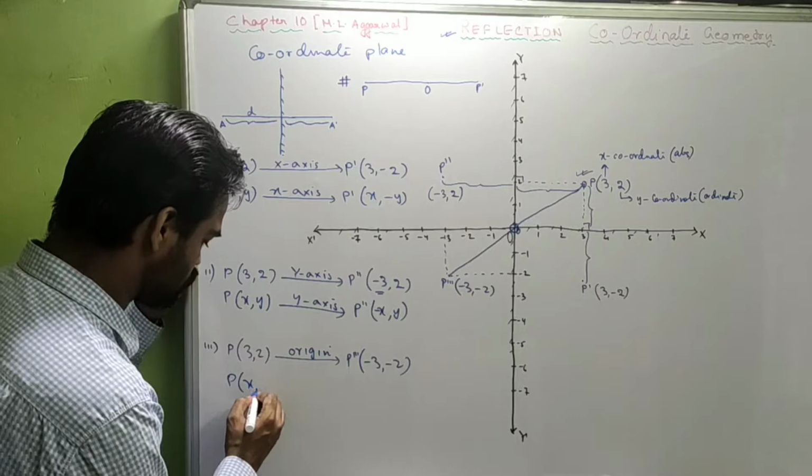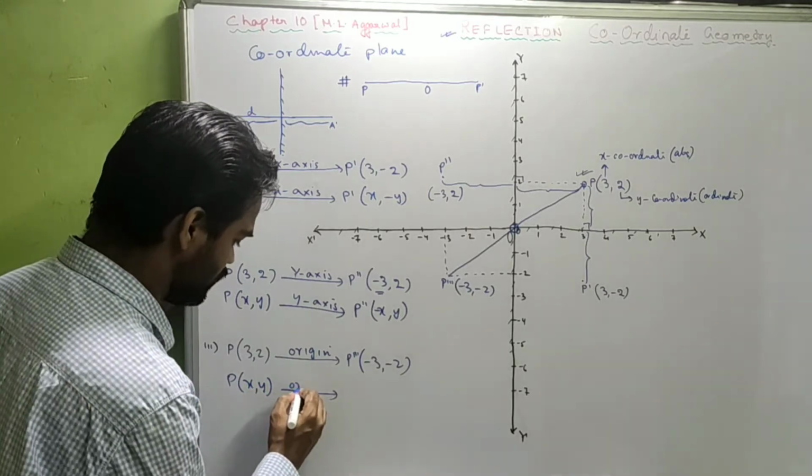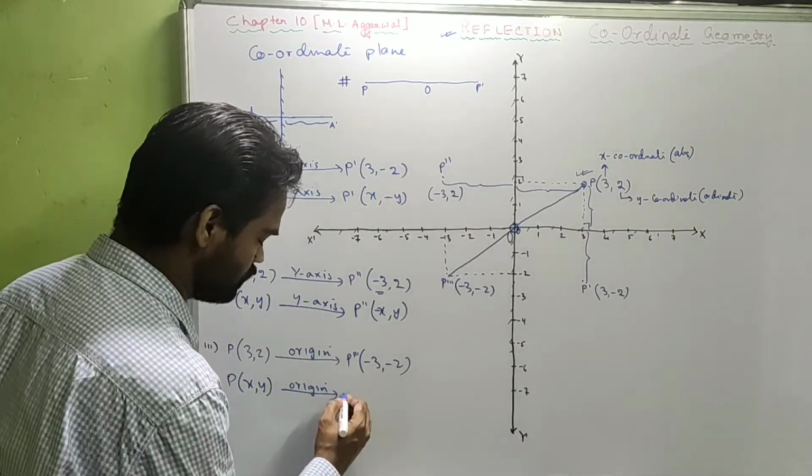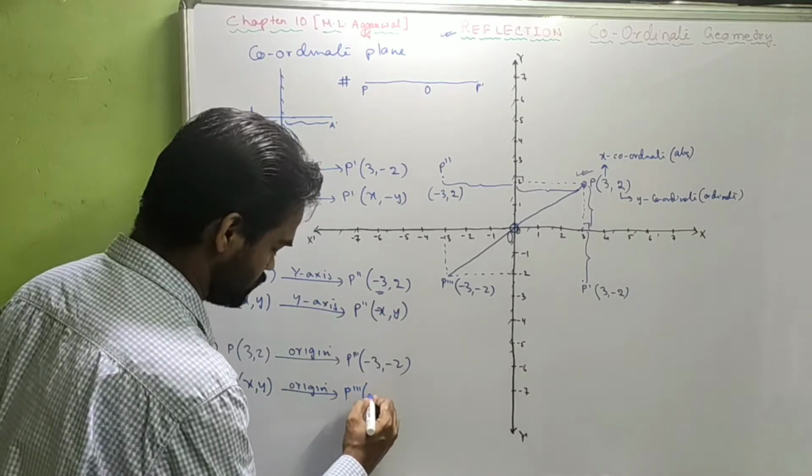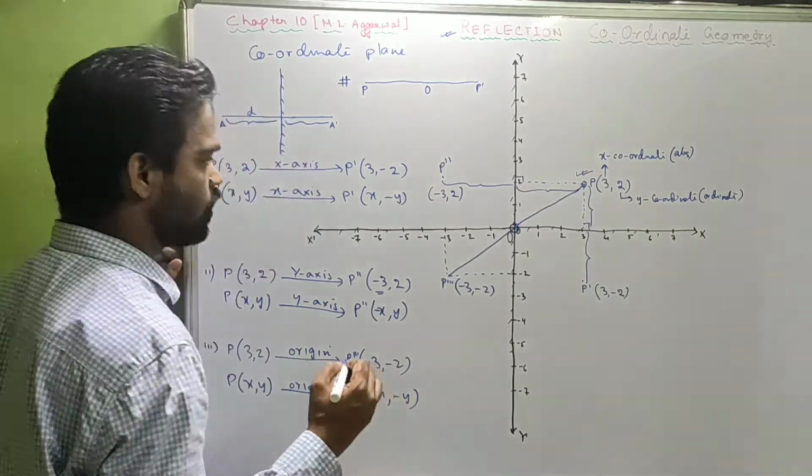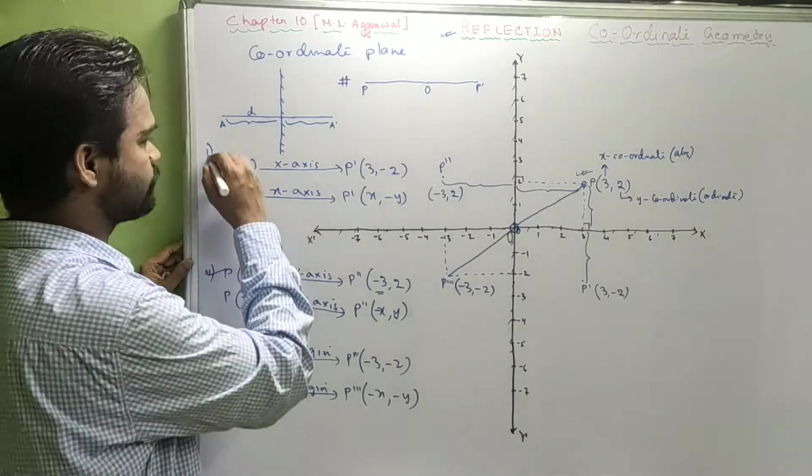So P (x, y) when reflected in the origin, a point, has the sign of both coordinates changed.